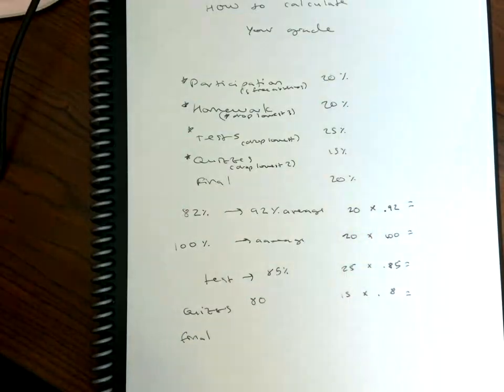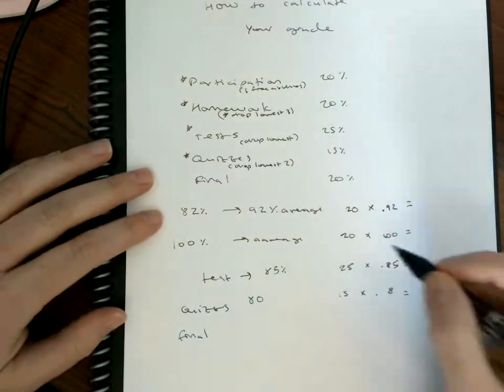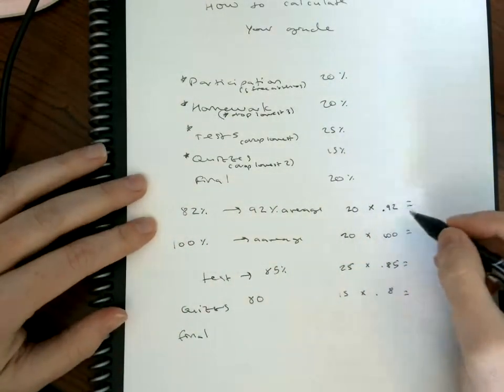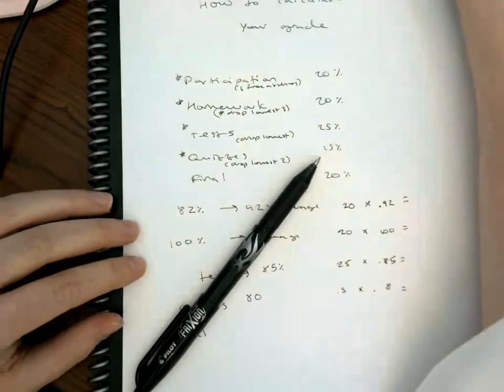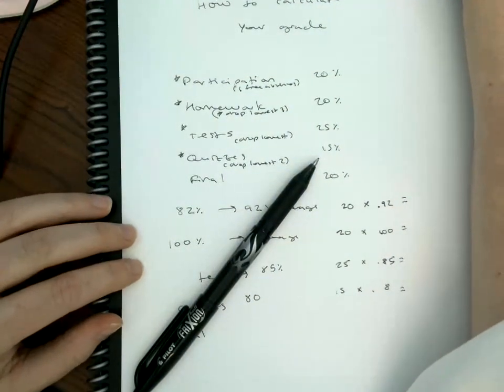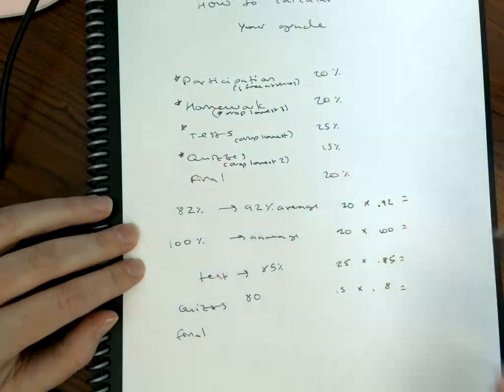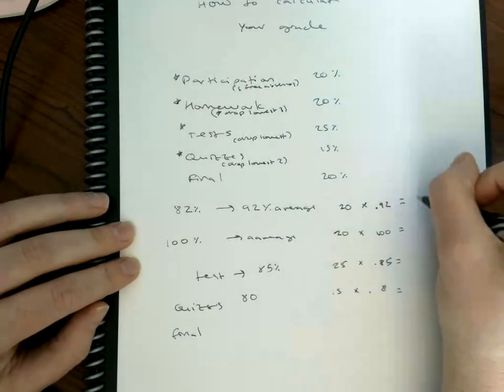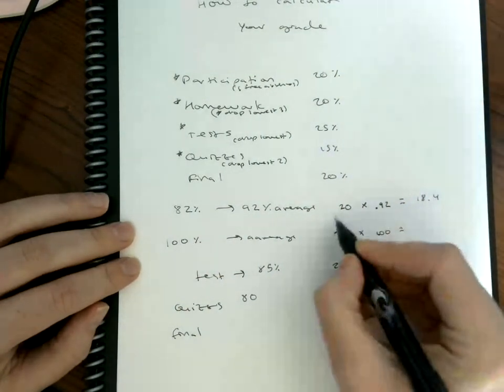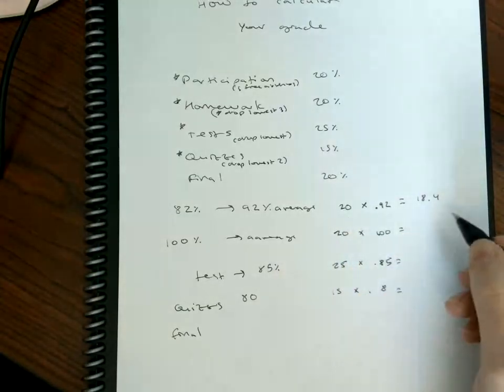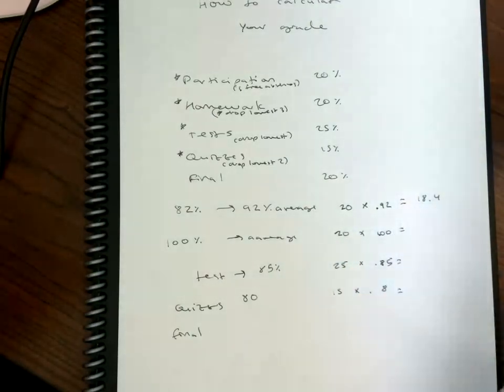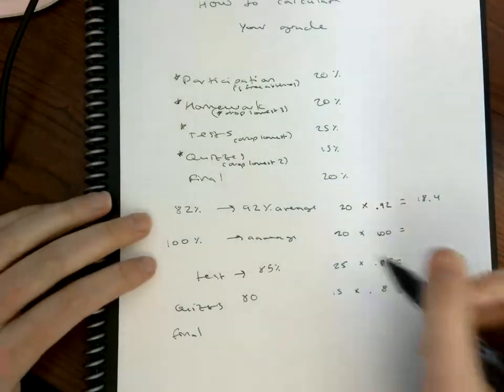Okay, so I've put together all these numbers. If you multiply 20 times 0.92, that would give you 18.4. So basically, of these 20 points for participation, you get 18.4 of them because you're present 92% of the time.